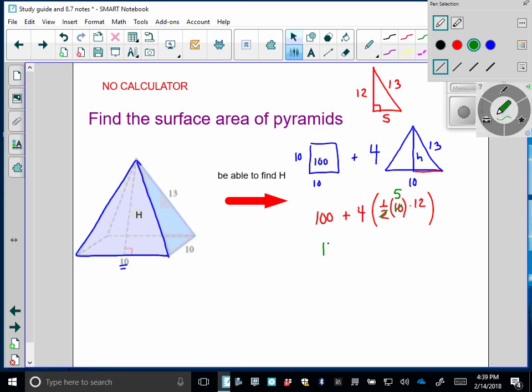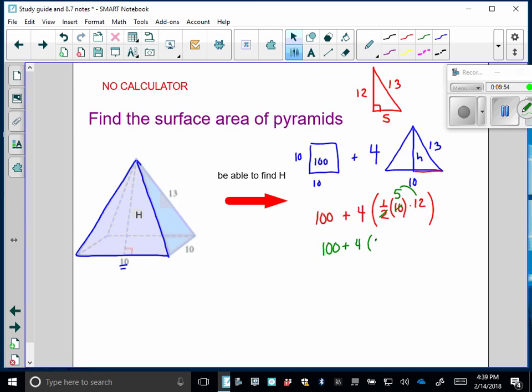So we have 100 plus 4 times 60. So 100 plus 240, that sums to 340 square units. And that's the surface area.